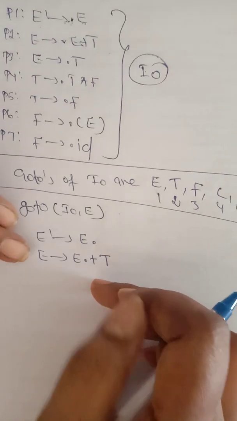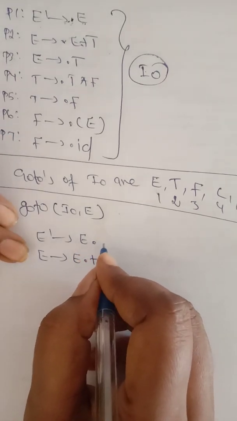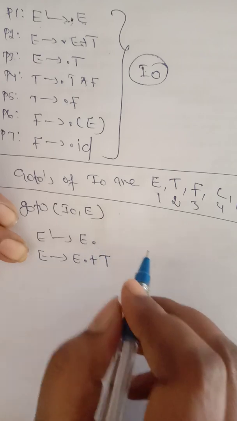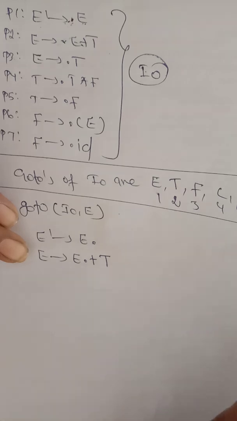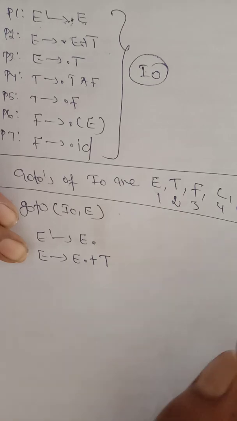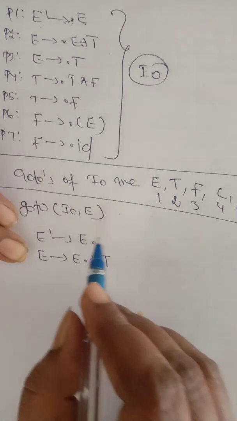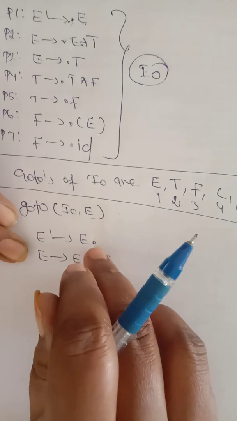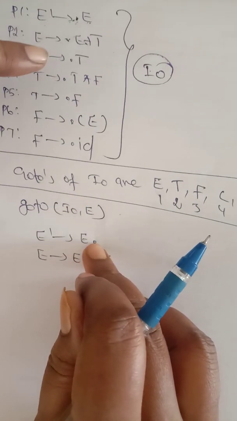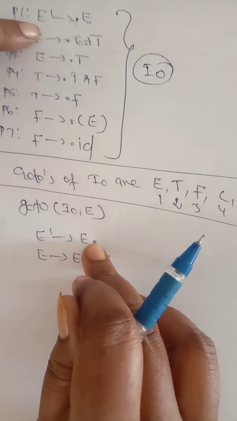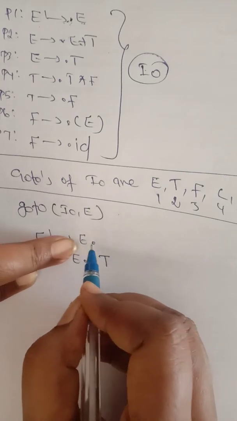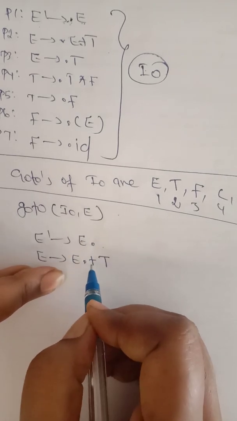And then we have to check after the dot whether there is any value or not. If it is having any value, we have to check whether that value is a terminal or non-terminal. If it is a terminal, just ignore. Otherwise, if the value is a non-terminal, you have to refer to that non-terminal's productions from I naught and copy those productions into that particular go-to operation. So here after the dot we are not having a non-terminal; here we are having only plus.